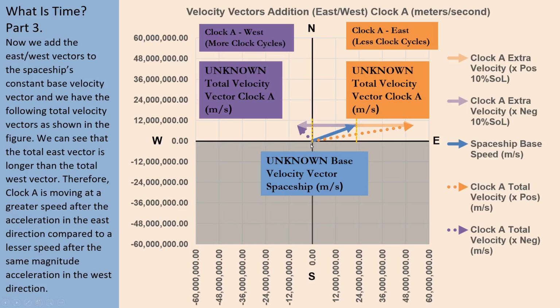The total component for the spaceship's base velocity vector in the east direction is the amount between these two yellow dotted lines, and that adds in the east direction, but it subtracts in the west direction. And so that's how we know that the spaceship is moving in the east direction.